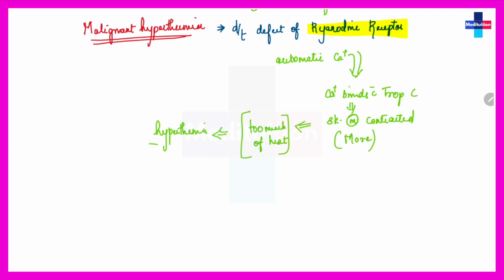This is called malignant hyperthermia, which means hyperthermia is happening without control. And remember, the treatment for this is IV dantrolene. Question. IV dantrolene. This has also been asked already. Please remember, the reason for this malignant hyperthermia is the defect of ryanodine receptors.